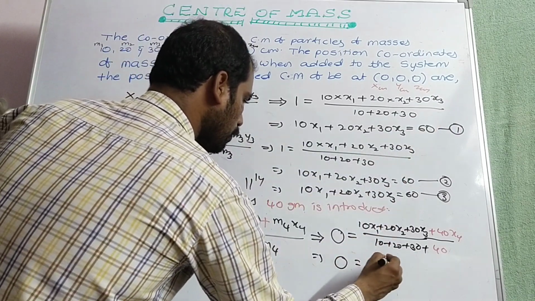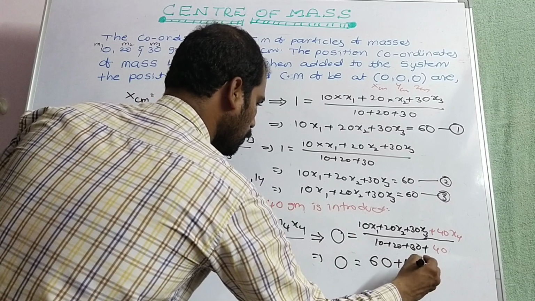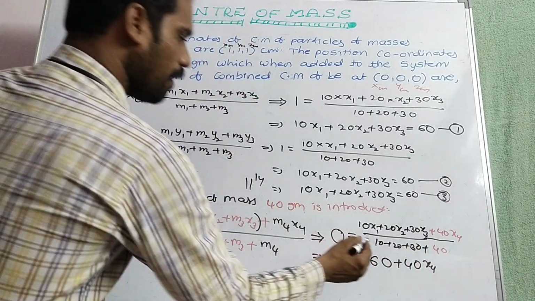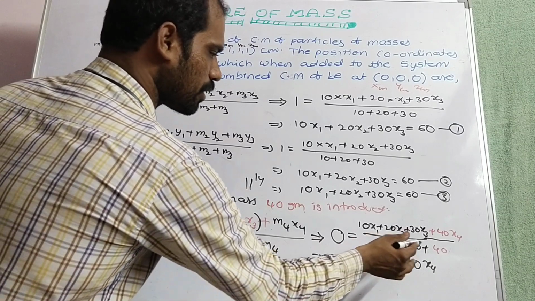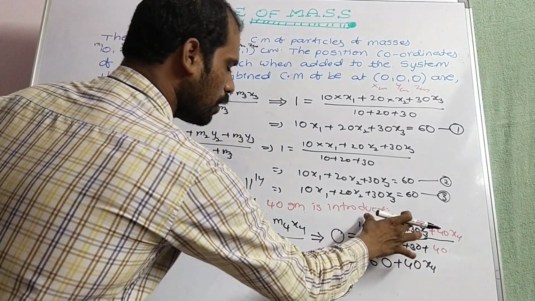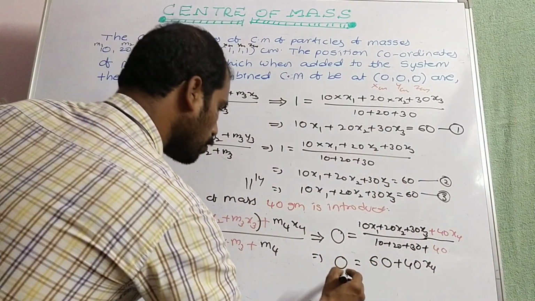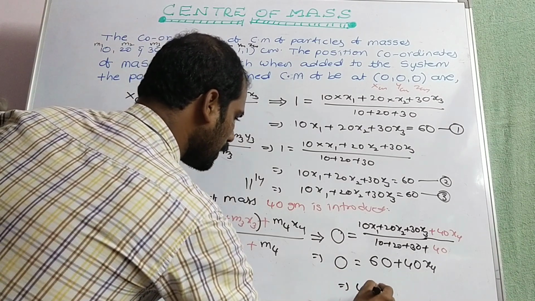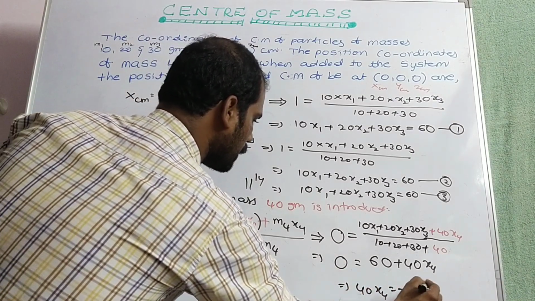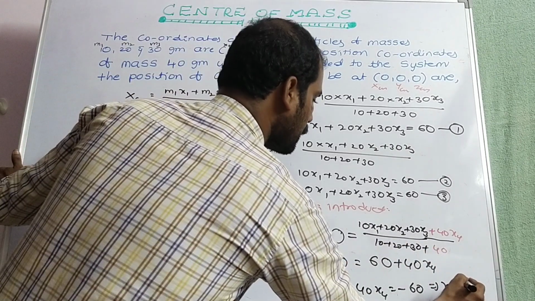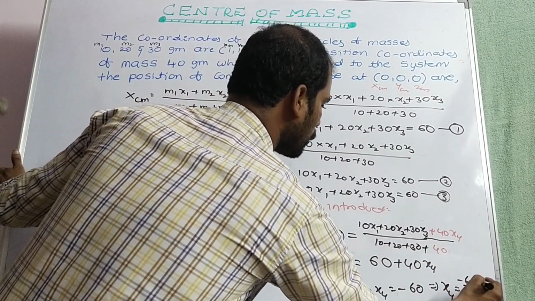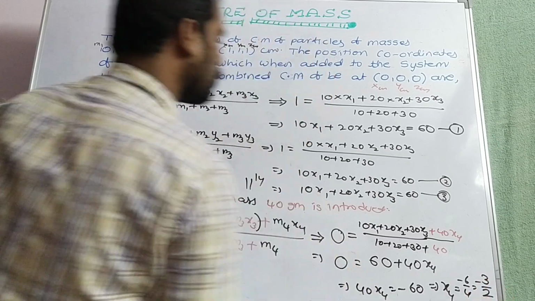0 is equal to 60 plus 40x4. If the denominator is taken to this side, it becomes 0. Yes or no? 10 plus 20 plus 30 plus 40 is not 0, so the numerator must be 0. That implies 40x4 is equal to minus 60, so x4 is equal to minus 6 by 4, that is minus 3 by 2.